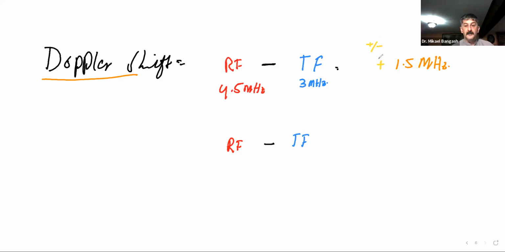So in this instance, the difference between the two frequencies was 1.5 megahertz, and we had a positive Doppler shift. Positive means that the flow of the red blood cell is towards the transducer.